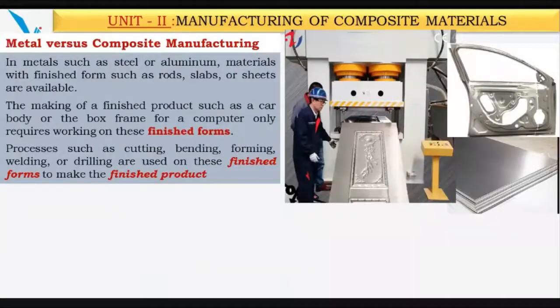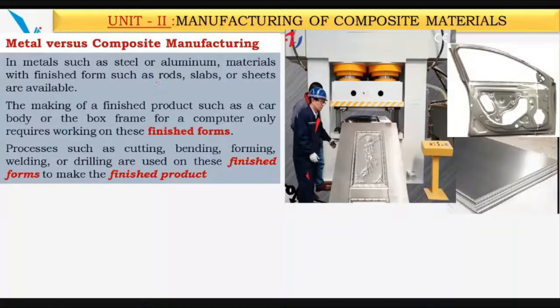Now we are comparing the difference between metal versus composite manufacturing. When you come to making products from metal, the technique is totally different from composite material, because in metals you already have finished forms.